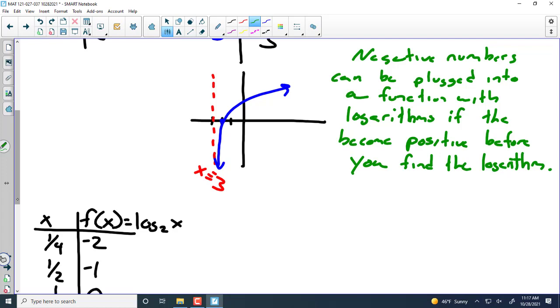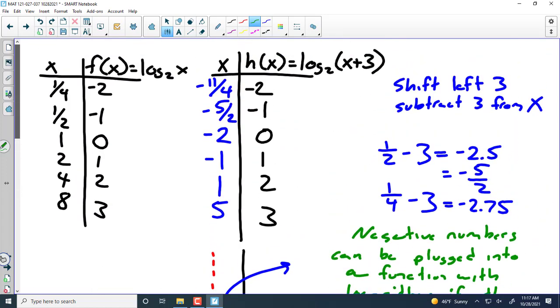So it is okay that I plug those negative numbers in because before I ever took a logarithm, I added 3 to them. And therefore, I was only taking the logarithm of positive numbers still.